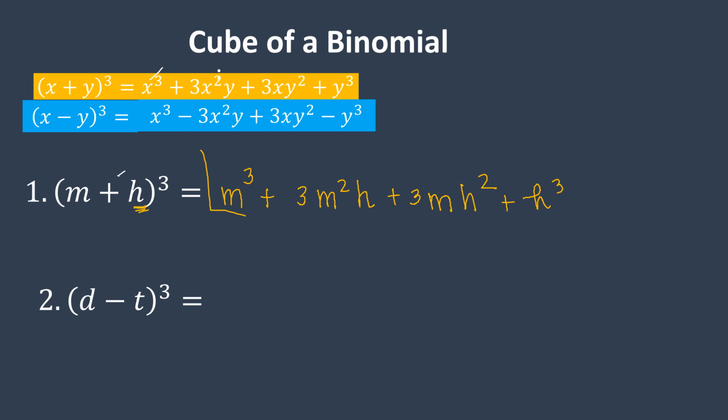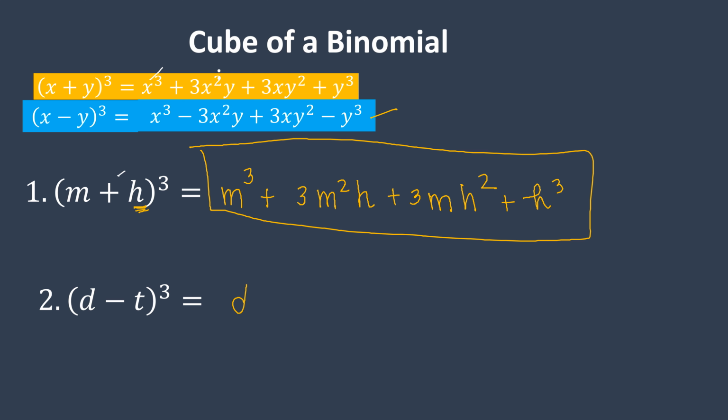Our number 2 will follow the model. Cubing the first term, d cube, minus the sign. We follow the pattern or the order of the signs. If it is a minus, it should alternate. So 3, do not forget the 3. The x is being squared.